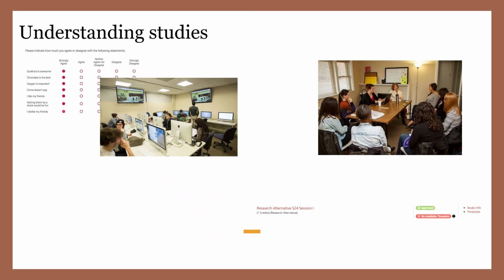So we see research alternative session 1. This is a clear indication that this is a study meant for those doing alternative only. So if you're doing participation, you cannot be signing up for those studies. You can sign up for anything else posted on the system that does not have the words research alternative mentioned in their title.